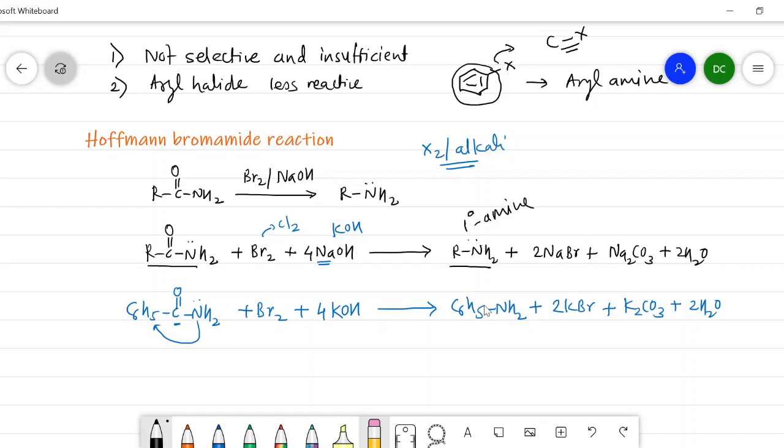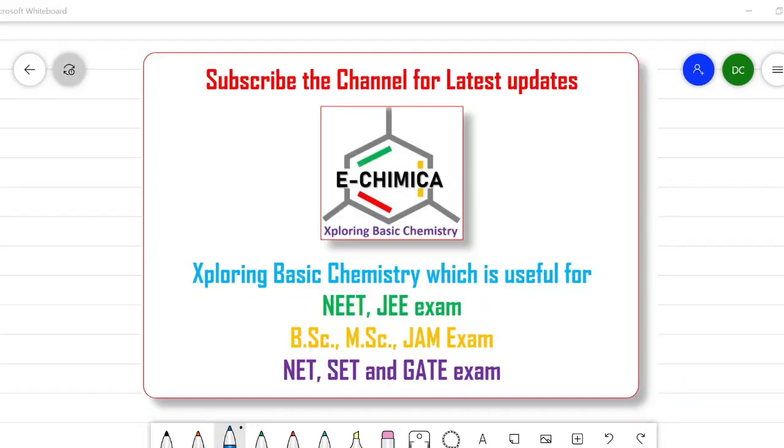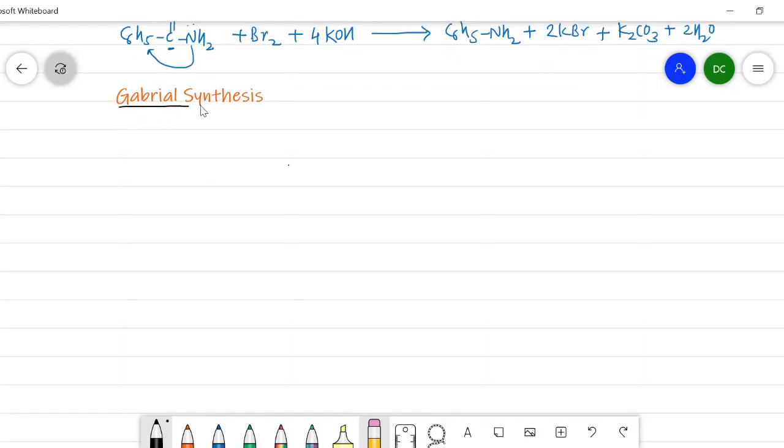Now, the third method of formation is Gabriel synthesis, which starts from phthalimide. Gabriel synthesis basically involves the reaction of phthalimide with alkyl halide in presence of alkali, that is KOH.